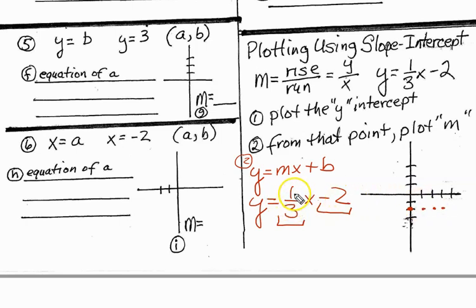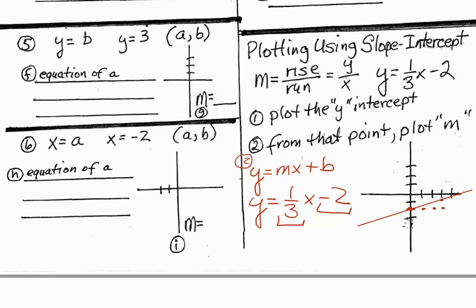And now we're going to go up from this point 1 unit. And then that is the line that we graph. I'm just going to sketch this here. Okay, I'm pretty good here. And there's the graph.